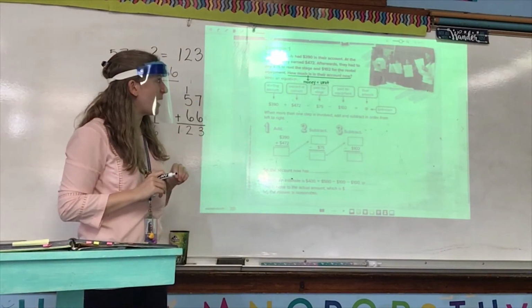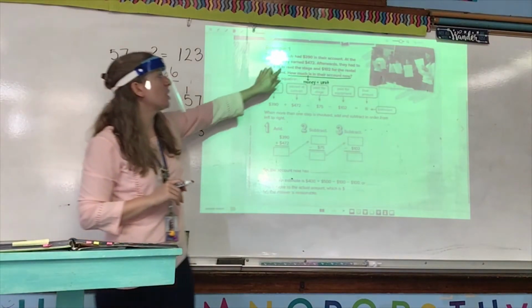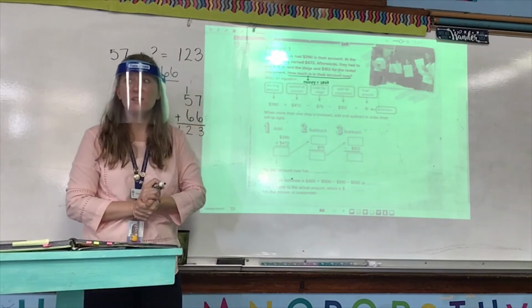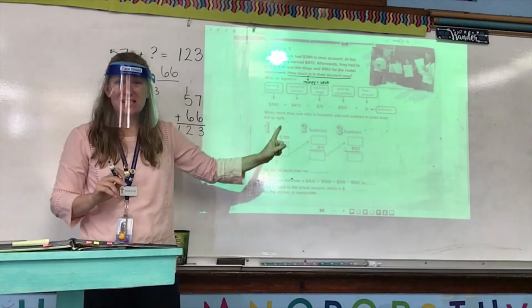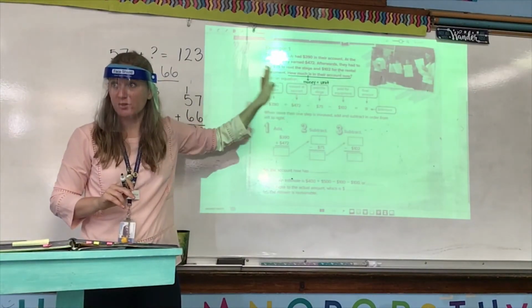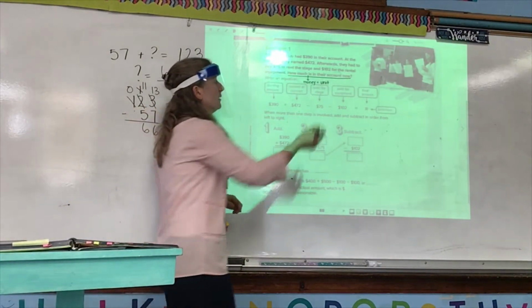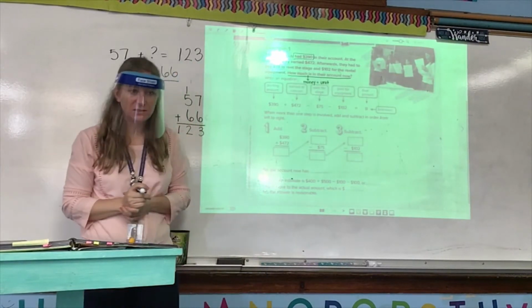The music club had $390 in their account. Well, we know $390 is going to be important because money is our unit. 390 represents dollars. But now, because this is multi-step, we need to figure out what word tells us what to do with this number. The word had tells us what to do.